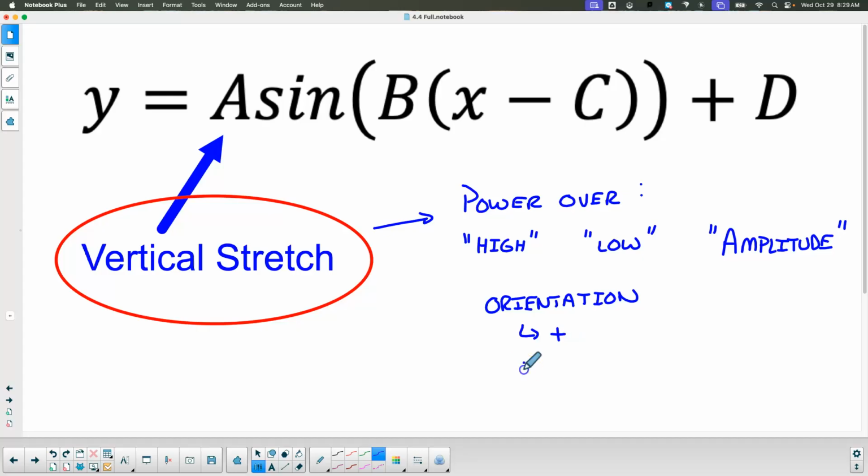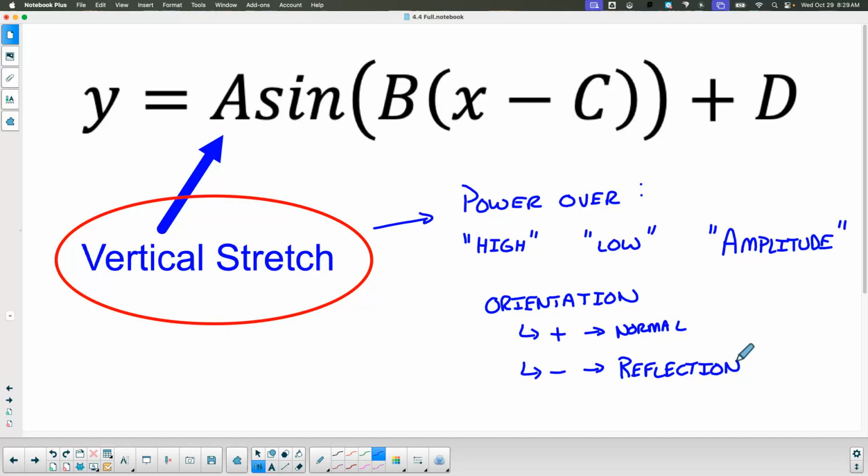If it's negative, then that trig function is reflected in the middle, in the line y equals the middle, for both sine and cosine.